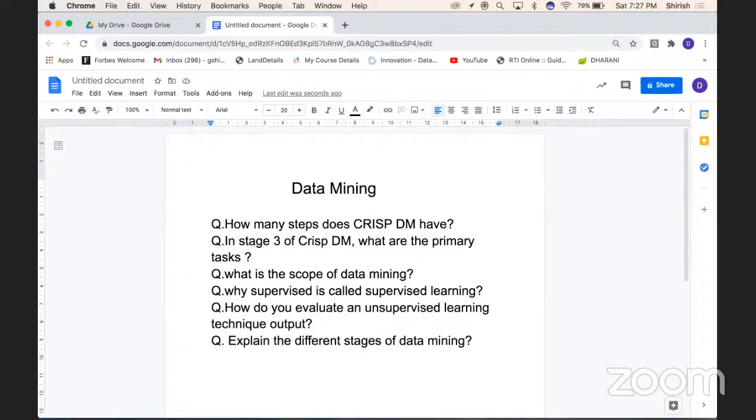Okay. Now, when we are talking about data mining, we also understood that to evaluate these techniques you have different ways of evaluating supervised and unsupervised. But what is this data aggregation and generalization? Is it related to clustering?